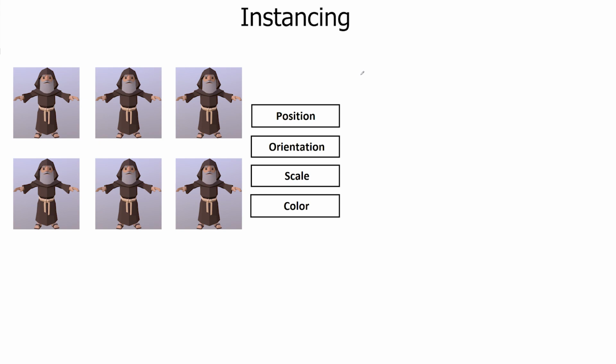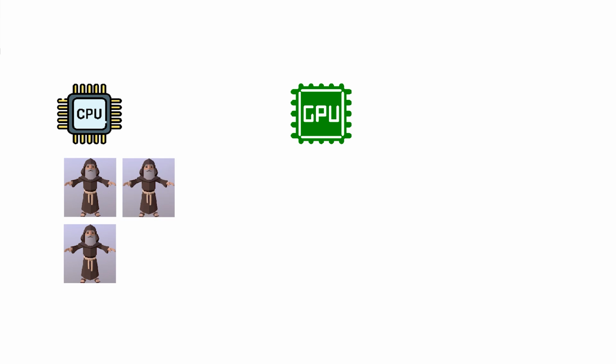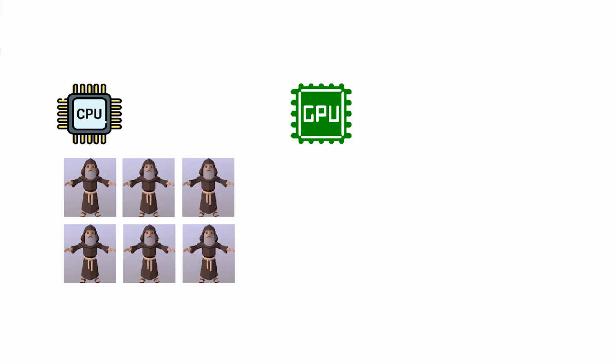To understand this, let us see how the mesh data for all the instantiated models is transferred from CPU to GPU. When we create multiple instances of a model and we don't use instancing, we actually send the mesh data from CPU to GPU for each of the model instances every frame.